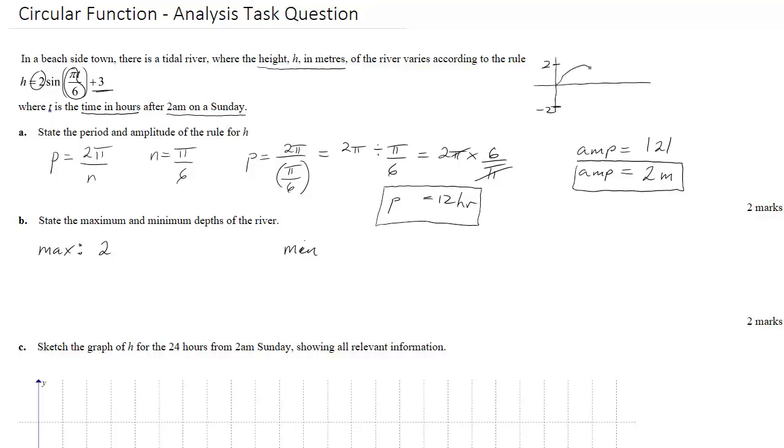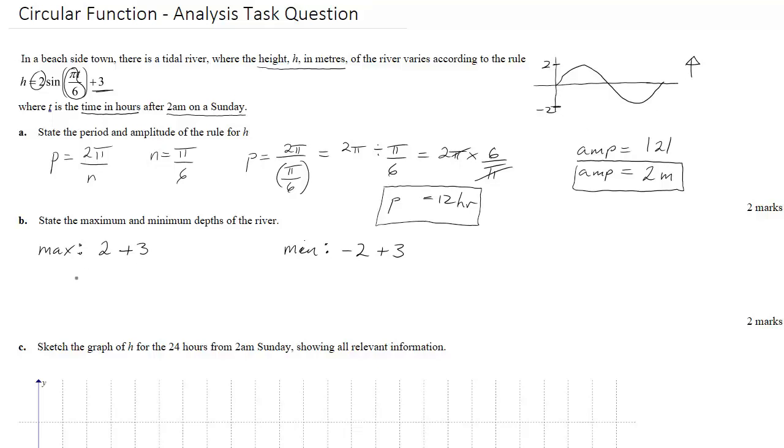And the graph would probably be going something like this, right? So you know from the number in front that that number can actually be a positive 2 or a minimum of negative 2. Now, this plus 3 needs to be added to the maximum and also needs to be added to the minimum, because the whole graph will essentially be translated up by 3 units.